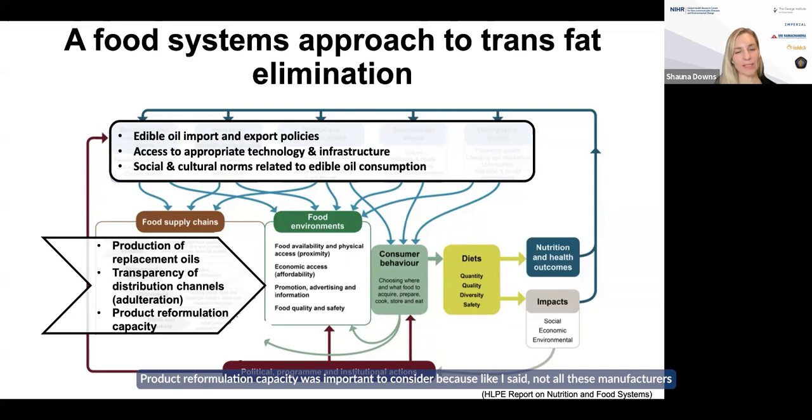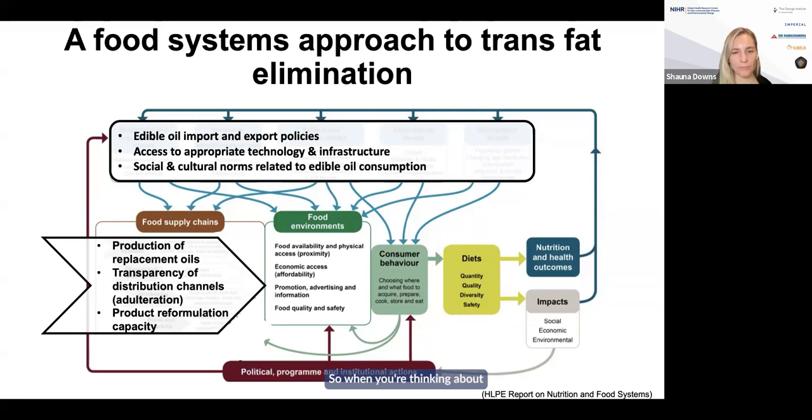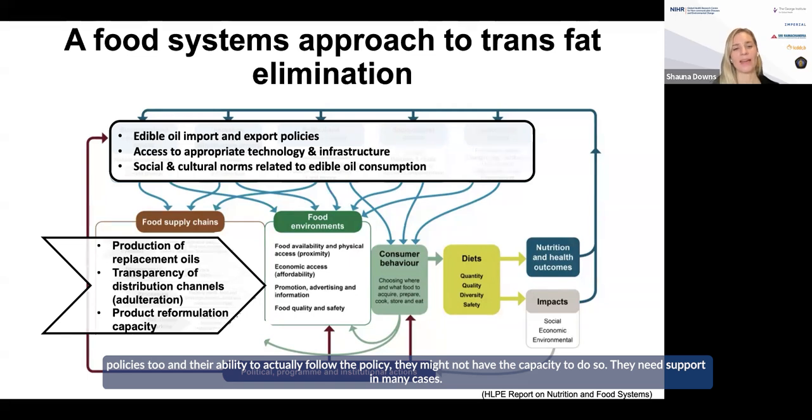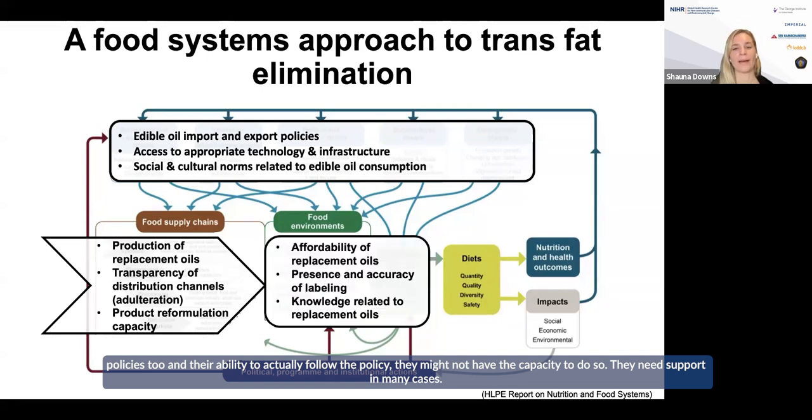Product reformulation capacity was important to consider because, like I said, not all these manufacturers had the technology. Some of them are really small manufacturers. So when you're thinking about policies, and their ability to actually follow the policy, they might not have the capacity to do so. They need support in many cases.